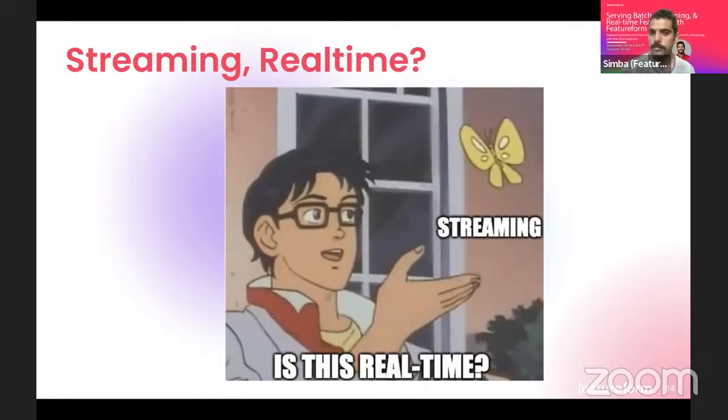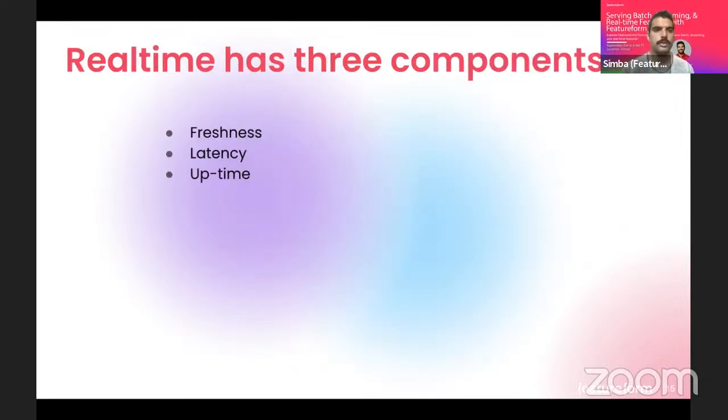Is streaming real time? I don't know. Real time is being used in a lot of different contexts. I would frame it as there's a real time perspective of freshness, which is how recently was this data processed in that situation with a feature.